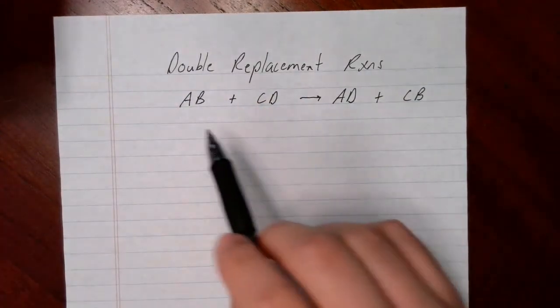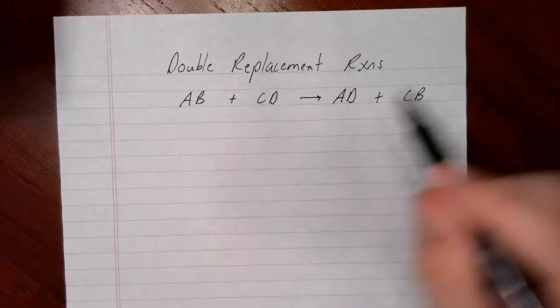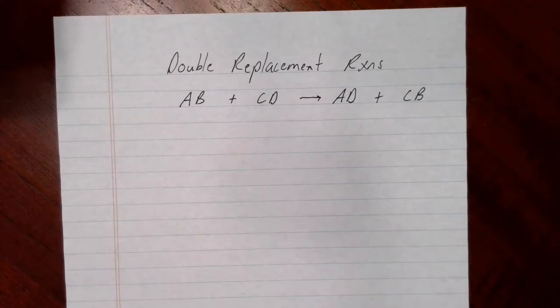So typically, if A and B and C and D are ionic compounds, the metals will switch places. I know I've talked about phase symbols quite a bit, and I've used them in a lot of situations, but not all situations. Previous to this point, I only used phase symbols in two situations: when the phase was explicitly discussed in the problem, so if it said solid iron, for example, or if we produce something that we knew was a gas, like hydrogen gas or oxygen gas.